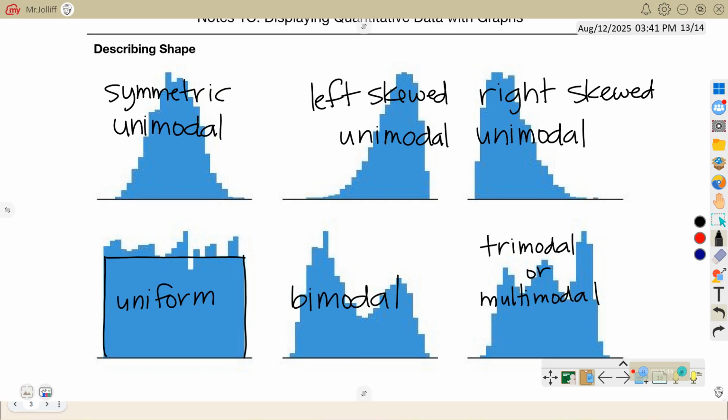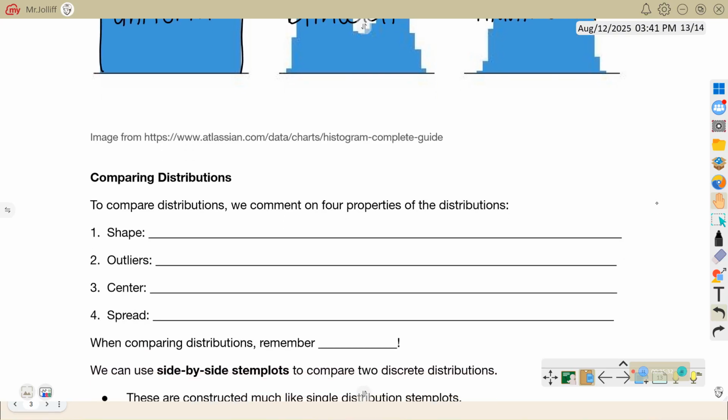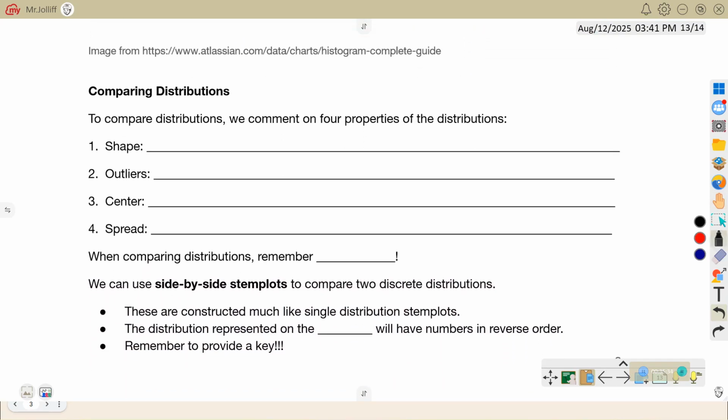If you encounter a problem that asks you to describe a set of data or to compare two sets of data, they don't just want shape. They want 4 things. And I remember them with the acronym SOCS. When you are comparing or describing distributions, use SOCS, S-O-C-S.